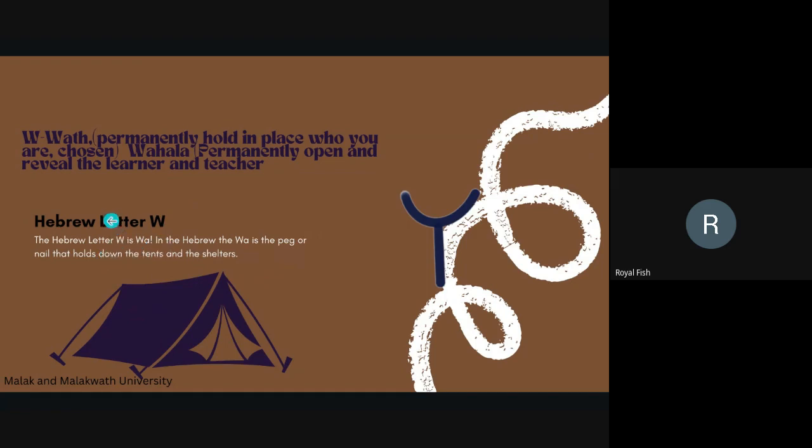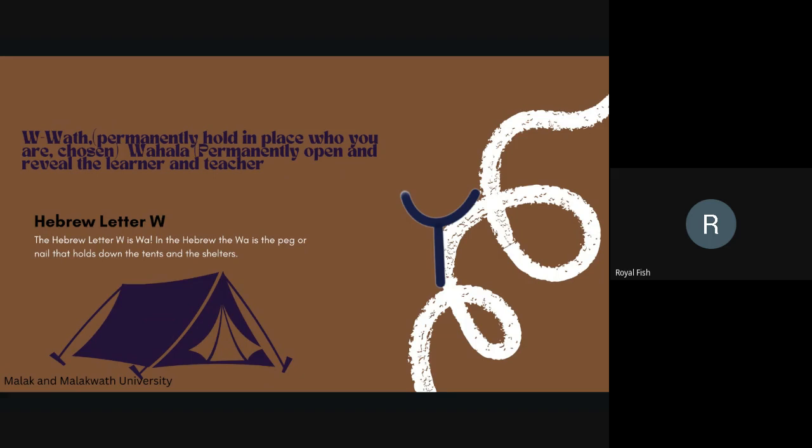Okay, so I put wath as the word: permanently hold in place who you are, or to be chosen by the Most High. So let's say we built the tent and we needed to stay there. We are going to wath on it, meaning nothing can move it. It is chosen. We chose this spot.